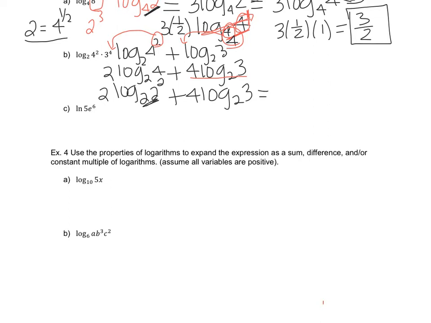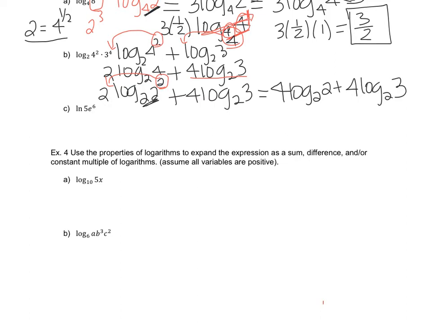And now I'm going to work on this front end part because I can drop that 2 down in front now. 2 times 2 makes 4. So what I've essentially got is 4 times log base 2 of 2 plus 4 log base 2 of 3. Now remember what we just talked about.